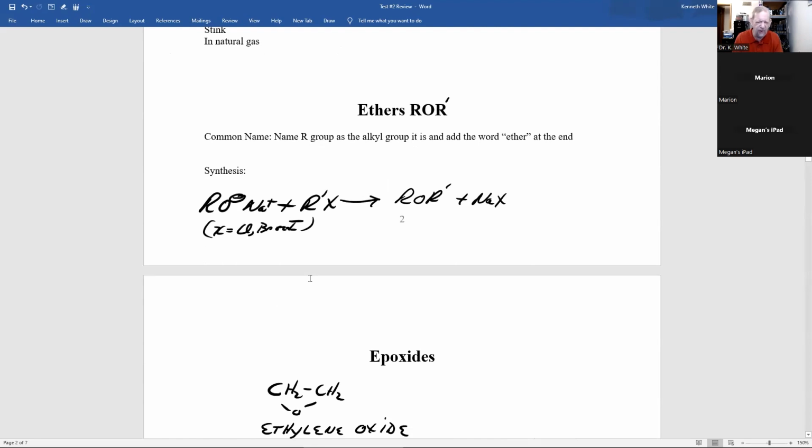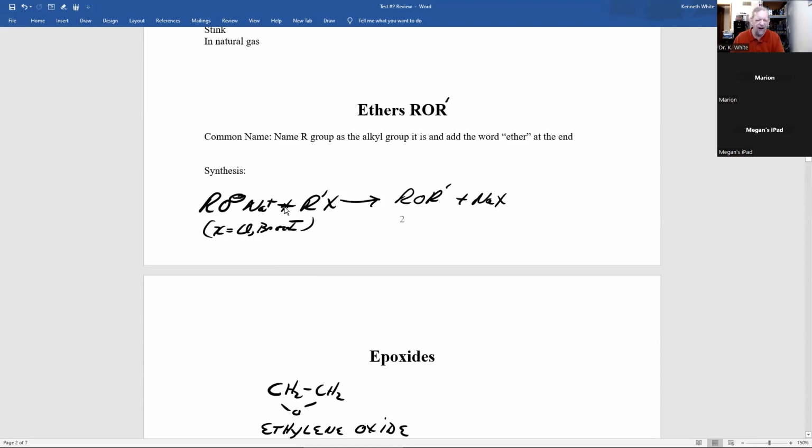Now, the best way, not the only way, the best way to make an ether is the Williamson ether synthesis. If you take an alkoxide, that's RO minus, Na plus, and an alkyl halide, R prime X, where X can be chlorine, bromine, or iodine, you form an ether plus a salt.